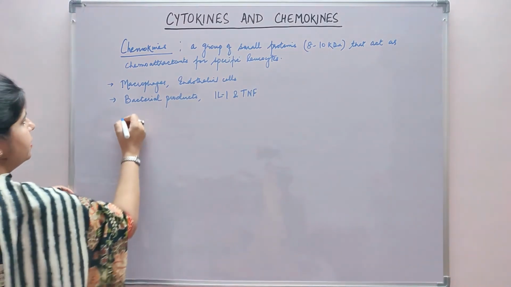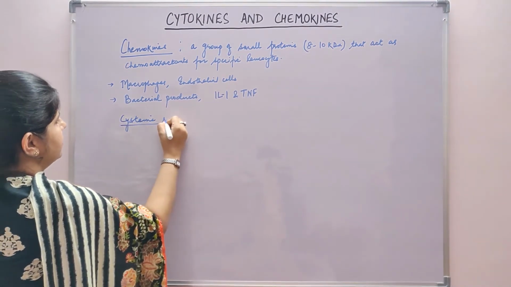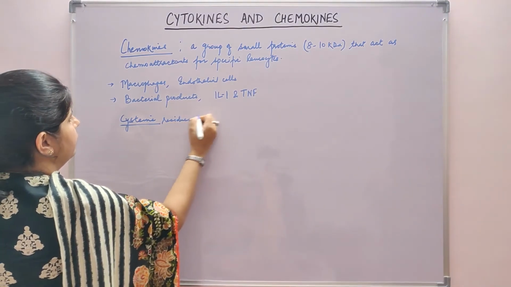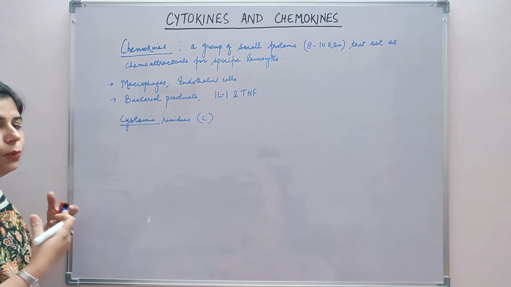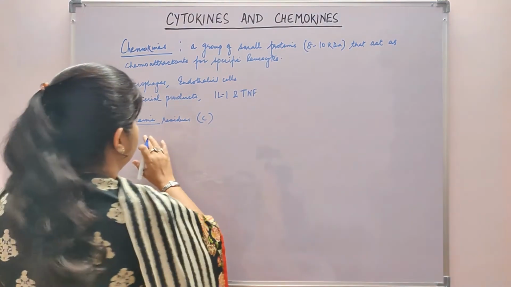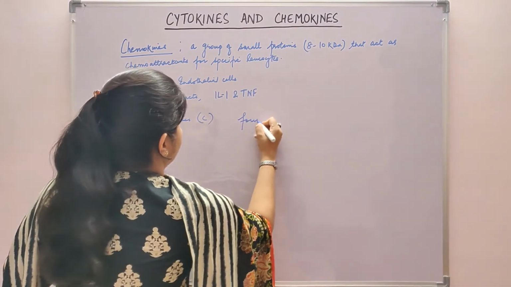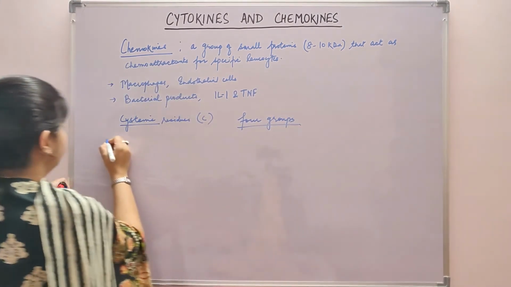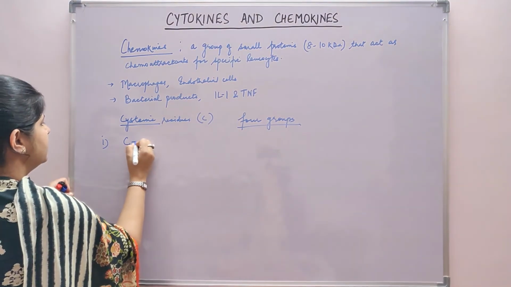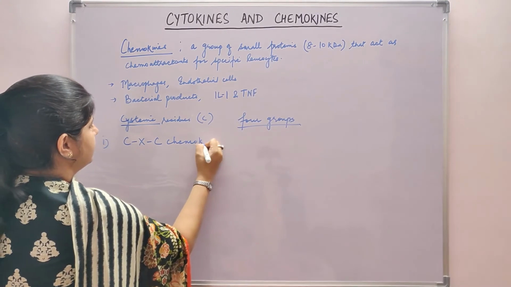Now, on the basis of the arrangement of cysteine residues, they are divided into 4 groups. First is CXC chemokines.